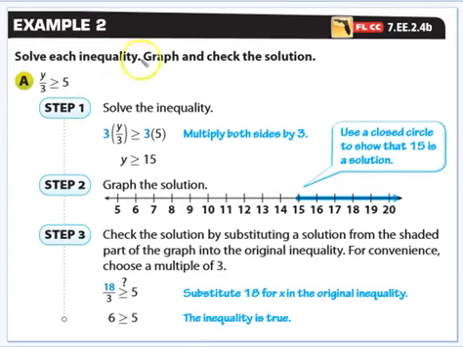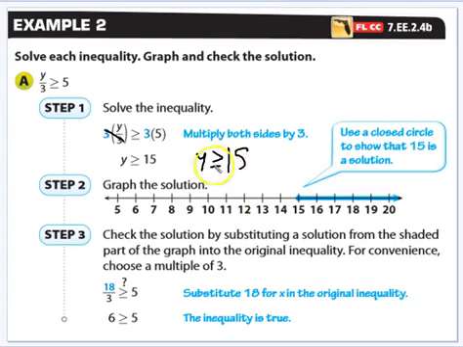So, solve each inequality. I have a division right here. My y is divided by 3, so I must multiply both sides by 3. So when I do that, the 3's make 1, so I just have 1y, which is y, and then I have y is greater than or equal to 3 times 5, which is 15.